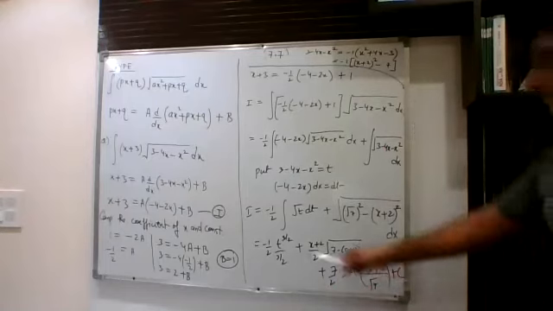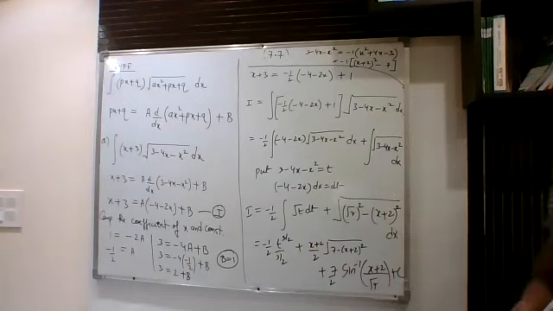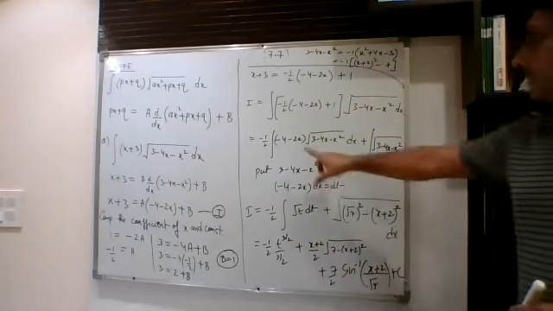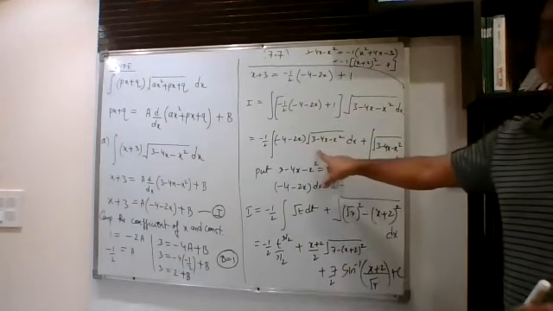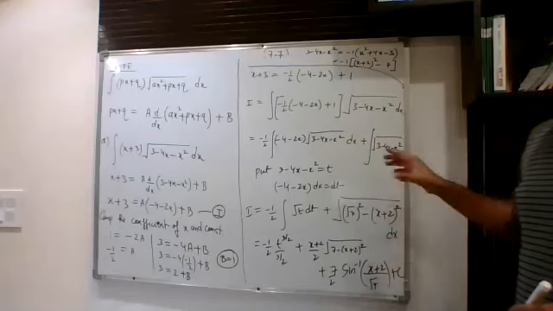After that you will just put the value of t and this will give you your final answer. So this is the procedure for this particular type. We are splitting this into two integrals. The first can be done by the substitution method, and the second can be done by perfect squaring.